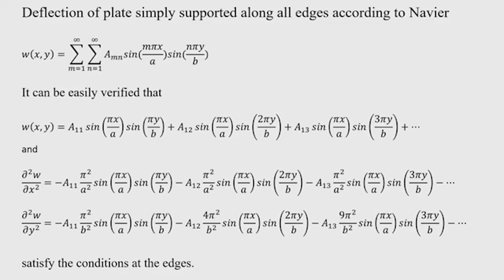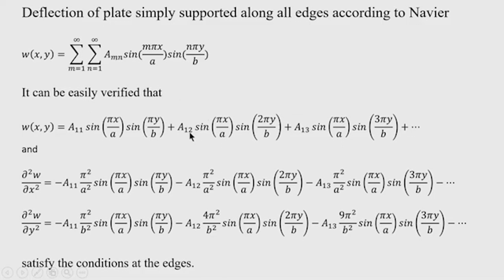So, w is equal to double sum A_mn sin m pi x by a sin n pi y by b. So, two terms you are seeing. Now, if you expand this, the first term will be A_11 sin pi x by a sin pi y by b. This is the first term, you can call it a generic term.